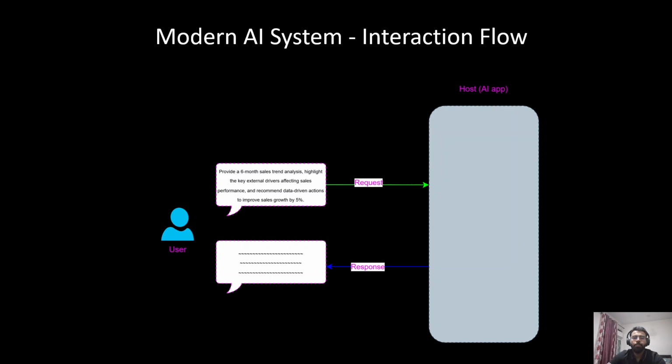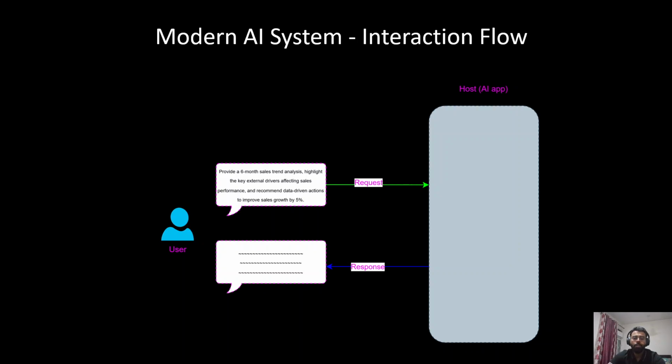Let's assume a simple interaction with an AI application, specifically a sales buddy application used by an organization X. As a user, I want to ask a business question related to sales performance. For example, provide a 6-month sales trends analysis, highlight the key external factors affecting sales performance, and recommend data-driven actions to improve sales growth by 5% in the coming months.